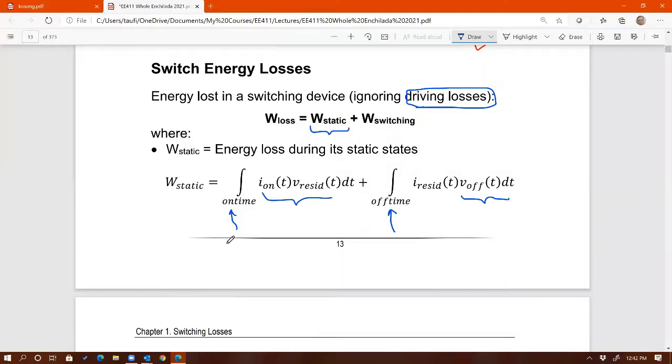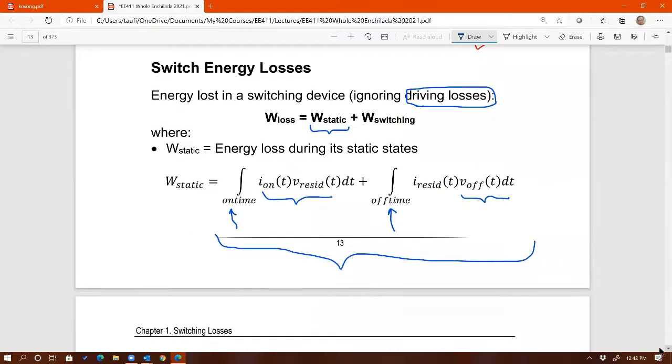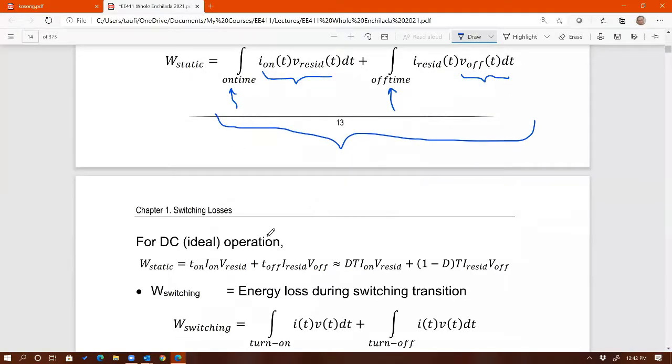I could simplify this equation using a DC approach. If you use PWM, as you learned in EE411, the duty cycle is T on over T, where T on is right there and T is the period.